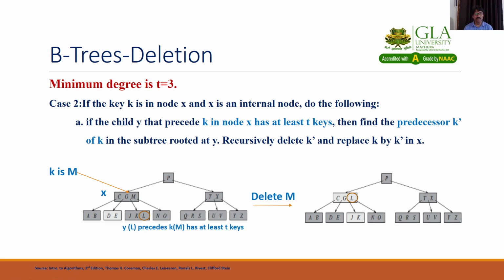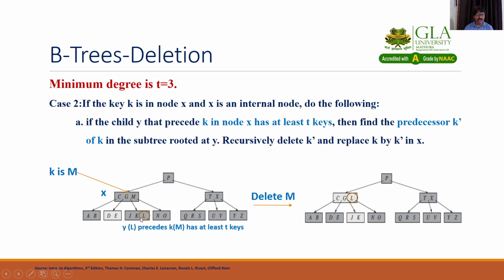So we have to find the predecessor of m. If you have learned in-order traversal, then you will find the predecessor, meaning the exactly preceding element of m. So m is preceded by L. This L will be k dash, the predecessor of k.